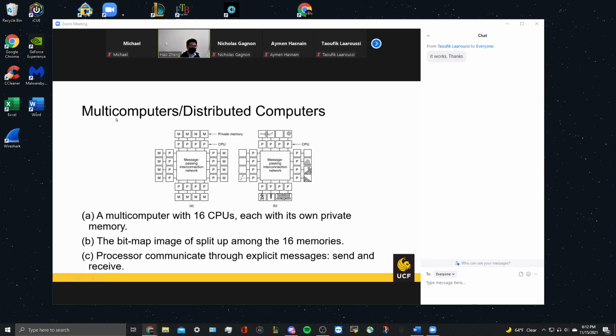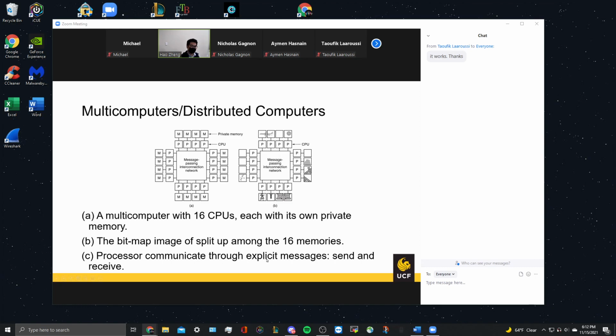And also the multiprocessor, multicomputer distributed system. This is another one. We mentioned that we have on-chip and off-chip, and this is for the off-chip. A multicomputer with 16 CPUs, each with its own private memory, and the bitmap or image is split up among 16 memories.